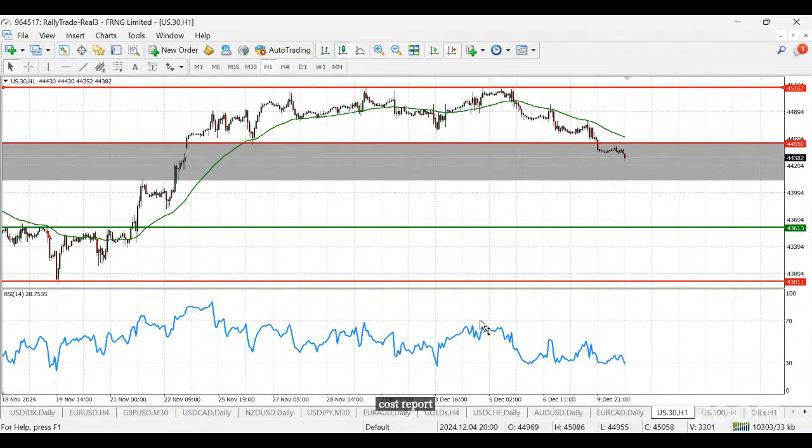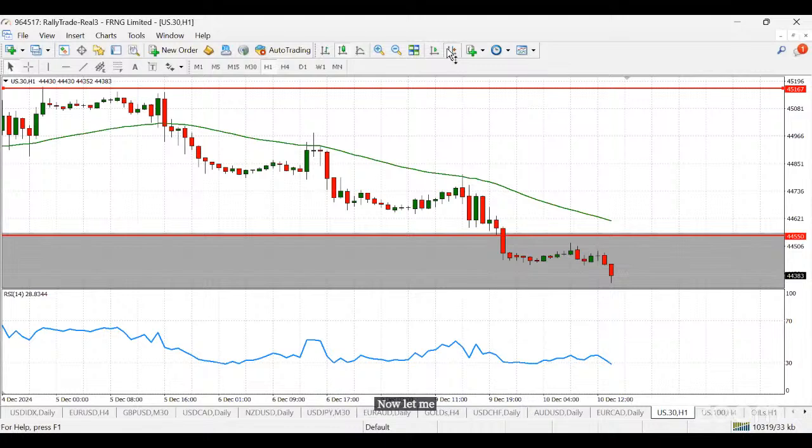Now, the most ideal way to introduce your RSI on the chart is when price is approaching or trading around the 30 area. Now let me zoom this so that we can see clearly. You see, price is currently trading around the 30 level.